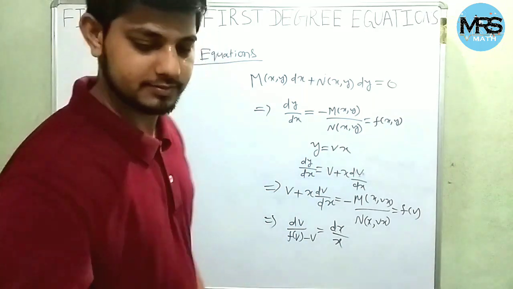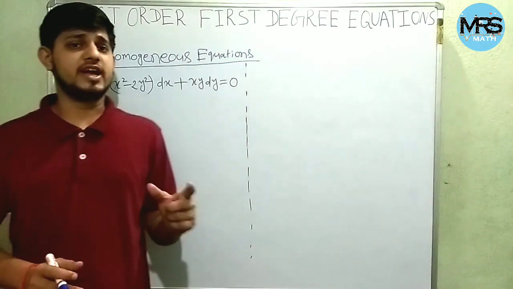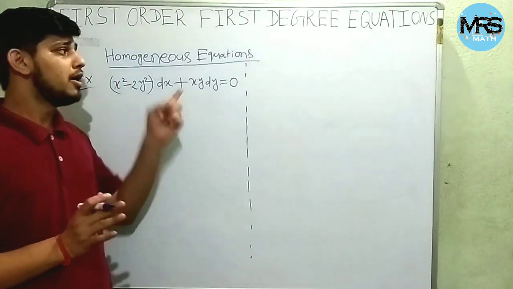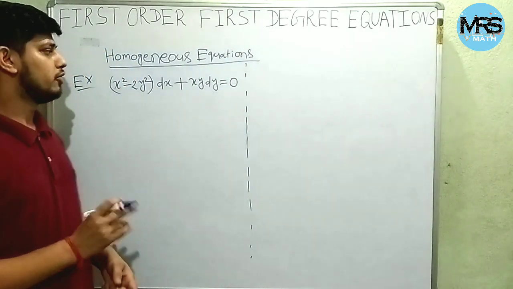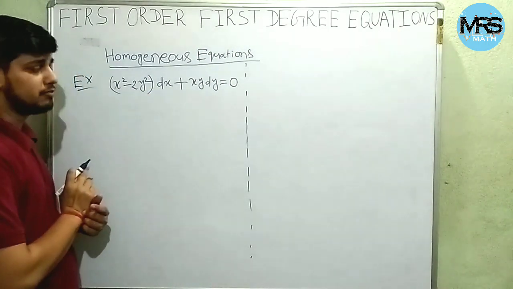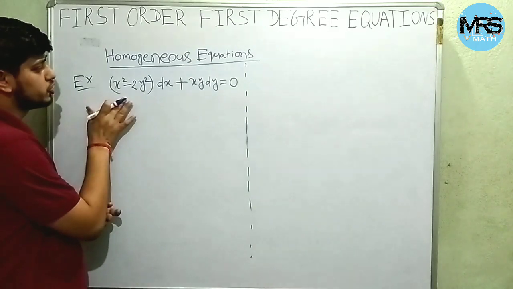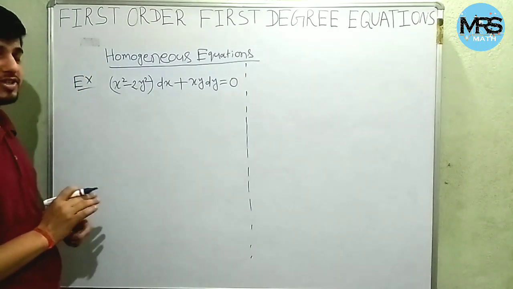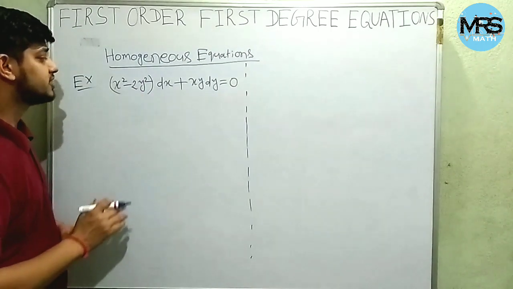Okay students? Friends, now we will take the homogeneous differential equation and we will solve it by using variable separable method. So here you can see that we have taken an example, that is this function is homogeneous and this function is also homogeneous. So this equation is homogeneous equation.